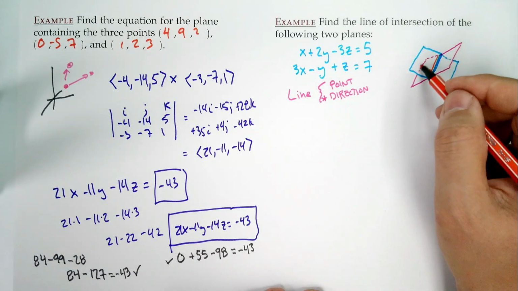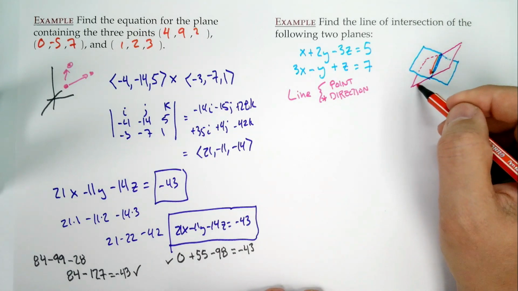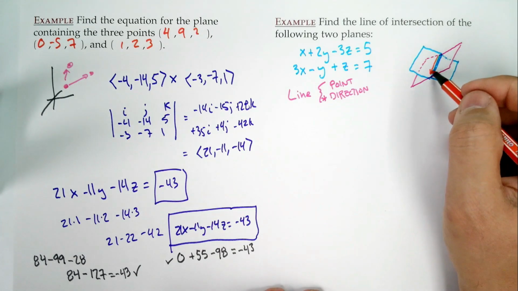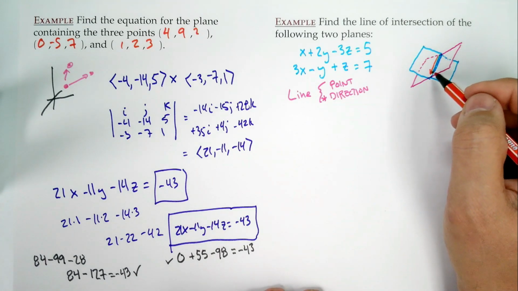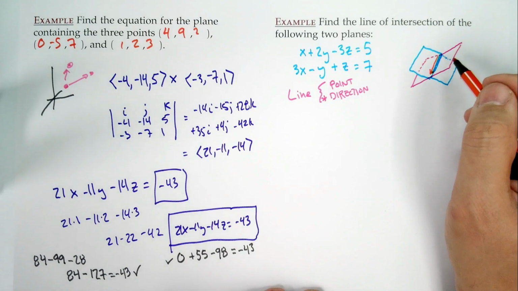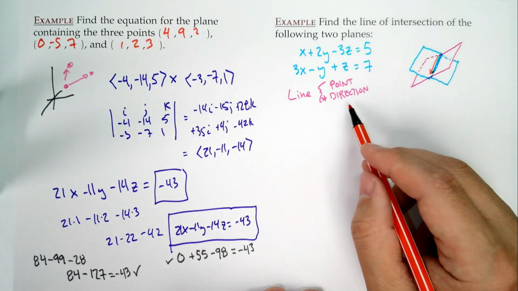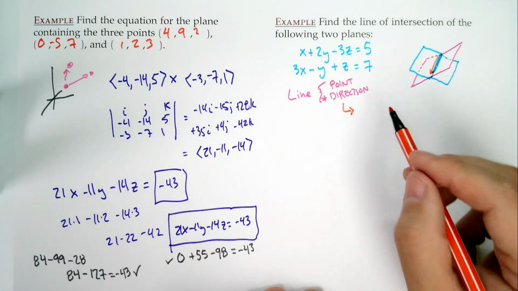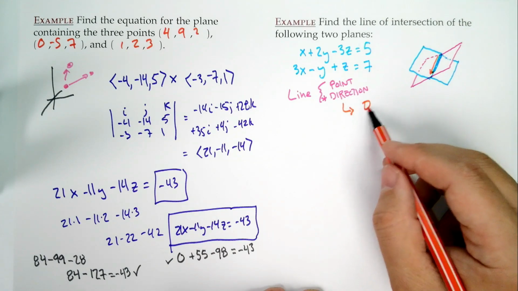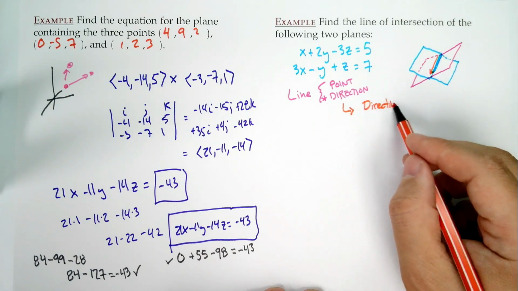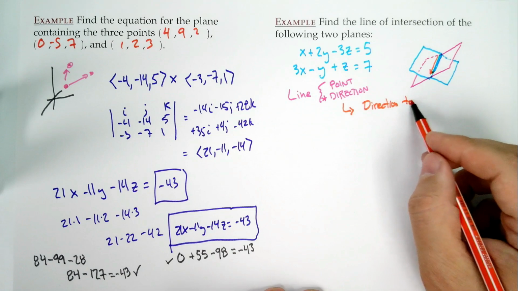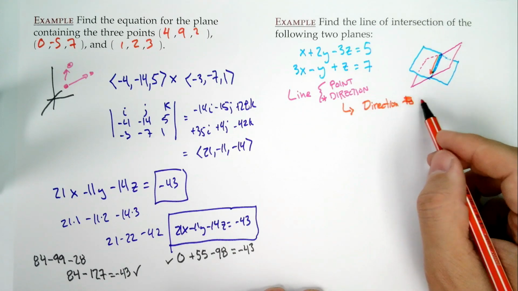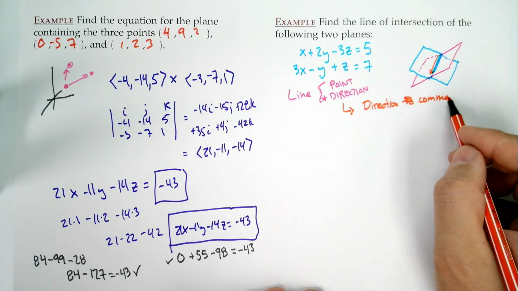Now if you look at the somewhat more pinkish plane, you can make the same statement. The vector of that line has to be inside that pinkish plane. So the moral here is that the direction is the direction which is common to both planes.